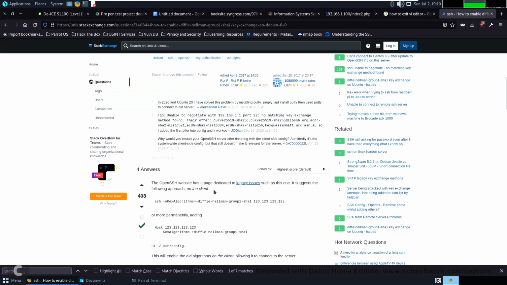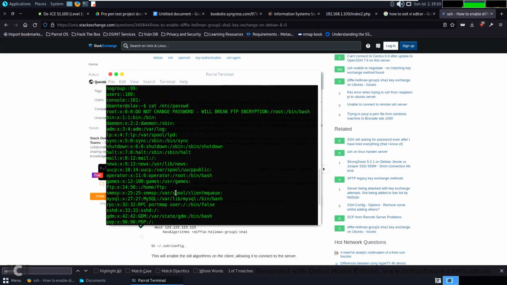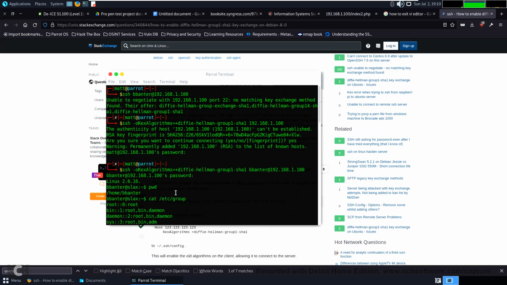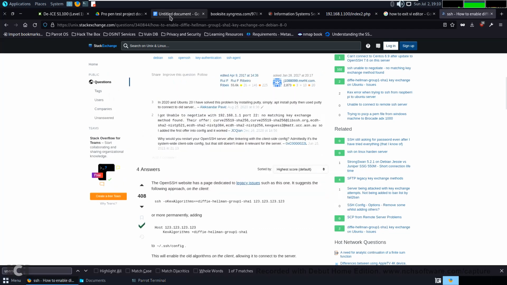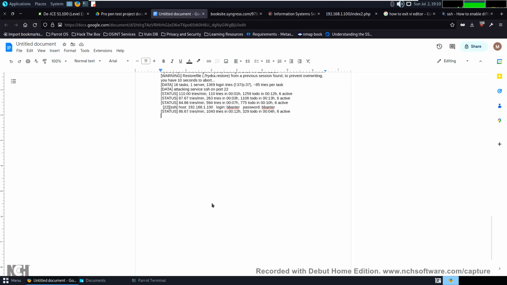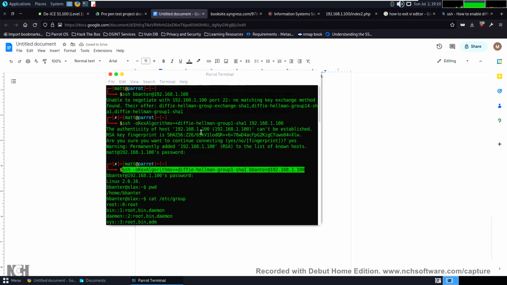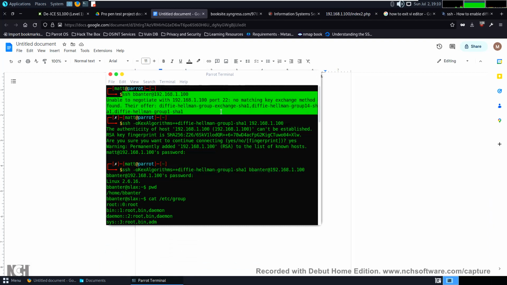Is there anything else we need to go over? Oh, I would write down, where is it? This right here. Write this down in a notebook. That is what we're going to do. Copy. That is going in this. And I would write down even what you did beforehand of why we needed to do that. Like, unable to do the thing.